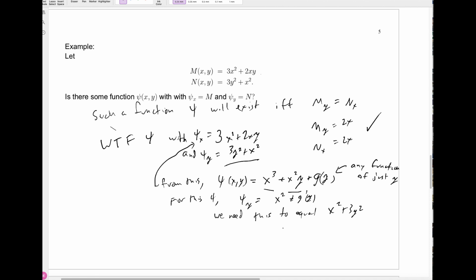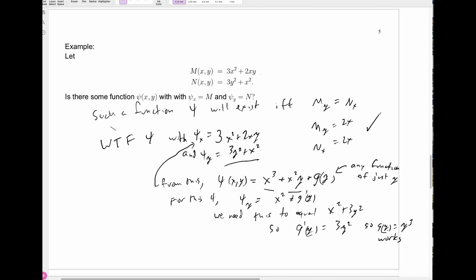Well, that tells us immediately g prime of y is 3y squared. So g of y equals y cubed works.